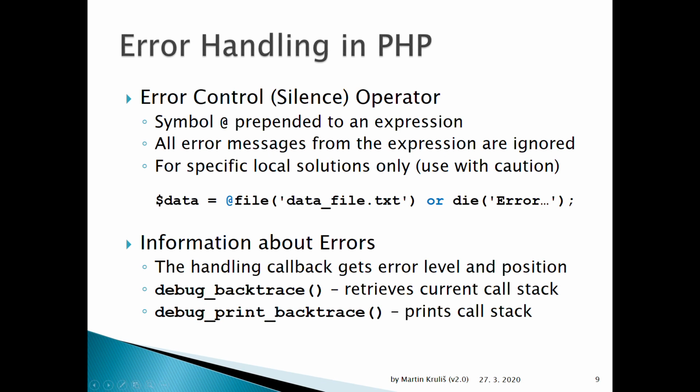So, for instance, if I call a file function which loads an entire data file line by line into an array of strings, and I prepend a silence operator as a prefix, then this whole expression will be silenced for errors, meaning that if the data file doesn't exist, for instance, no error will be shown to the output, but of course this whole expression will return false.